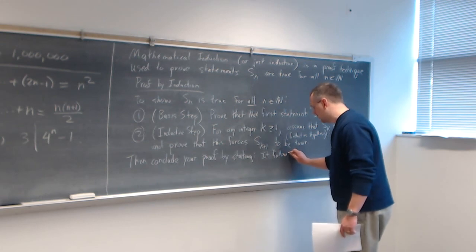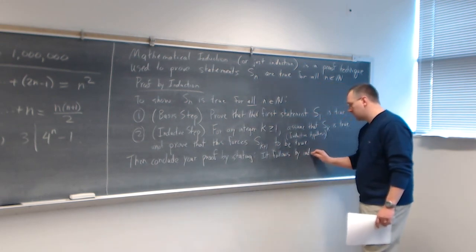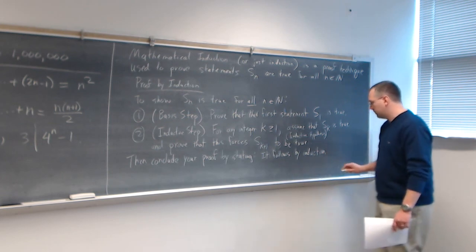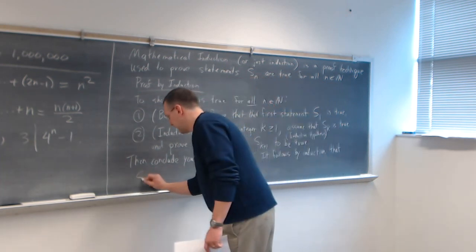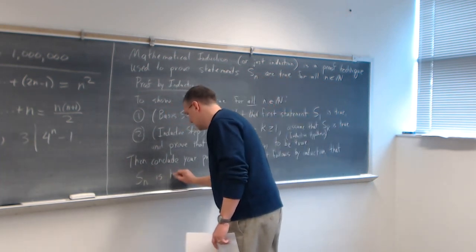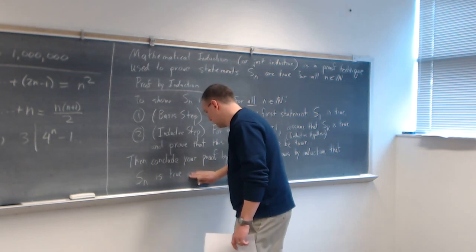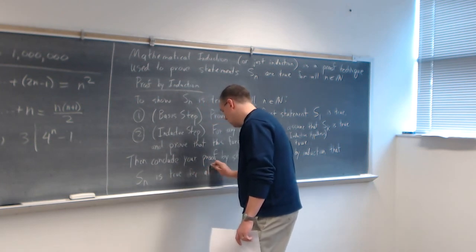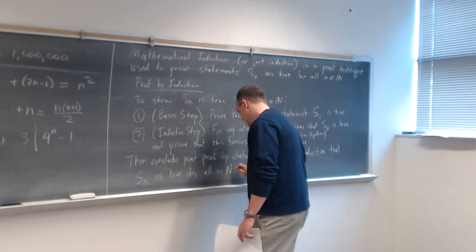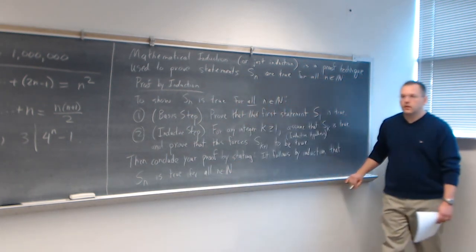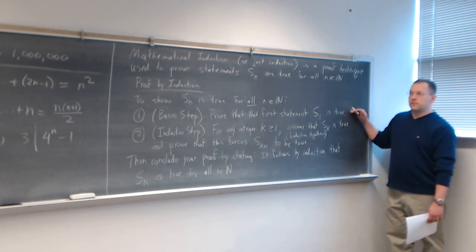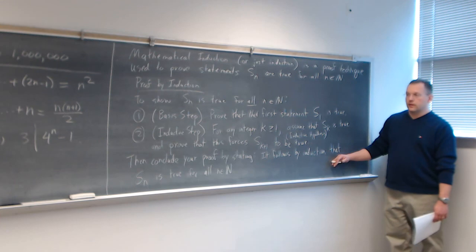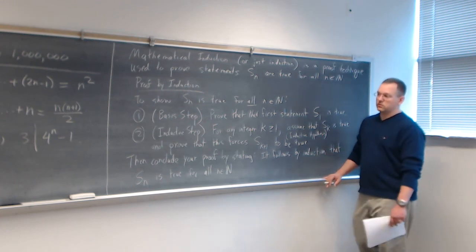It follows by induction that S sub n is true for all natural numbers n. That's the outline of every proof by induction. Do the basis step, do the inductive step, and then you make your conclusion. You say, therefore by induction, the statement is true for all natural numbers.